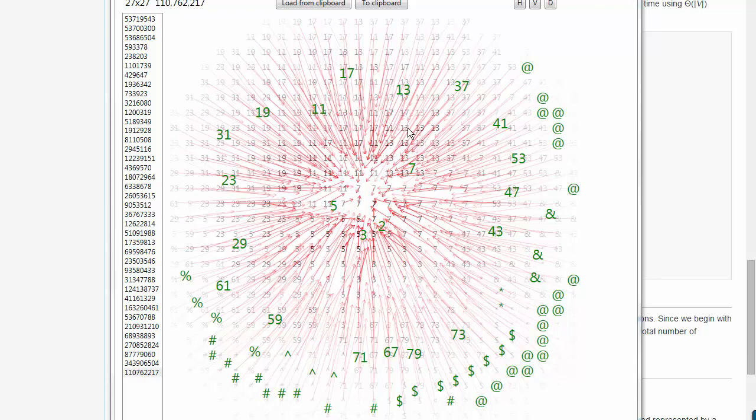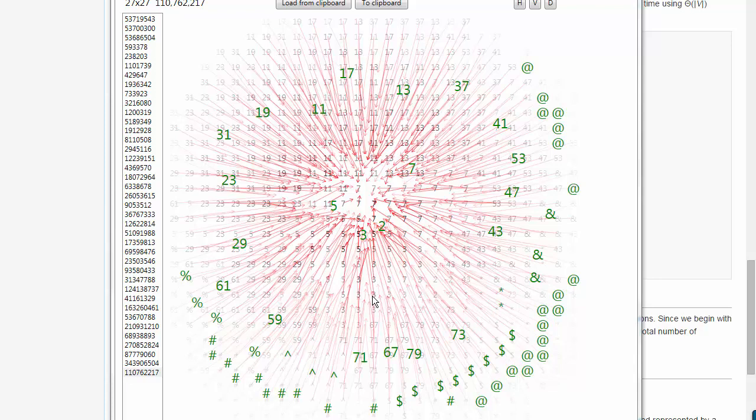The darker numbers have a higher average greatest common denominator, and those tend to be more in the center. Yeah, and you can also notice that all the 13s are clustered together.